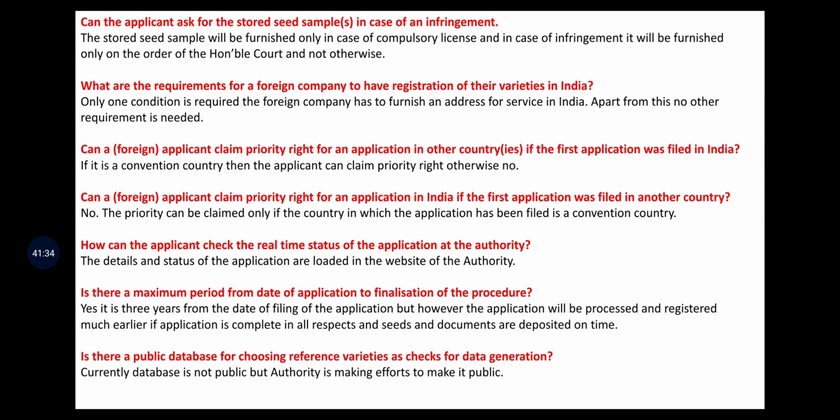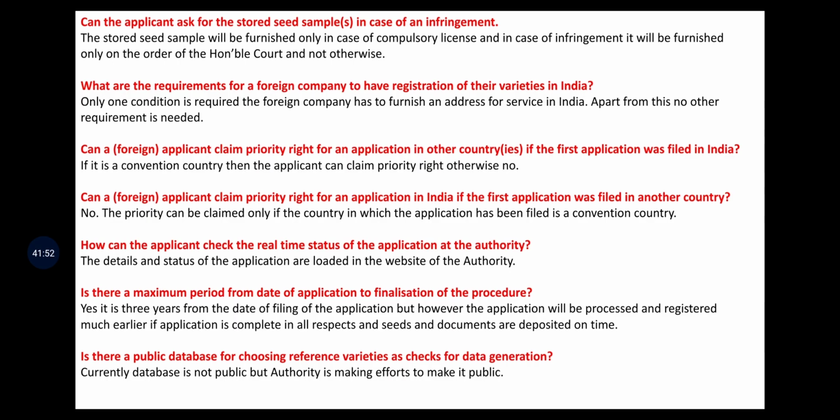What are the requirements for a foreign company to get their varieties registered in India? Only one condition is required, the foreign company has to furnish the address for service in India. Apart from this, no other requirement is needed.